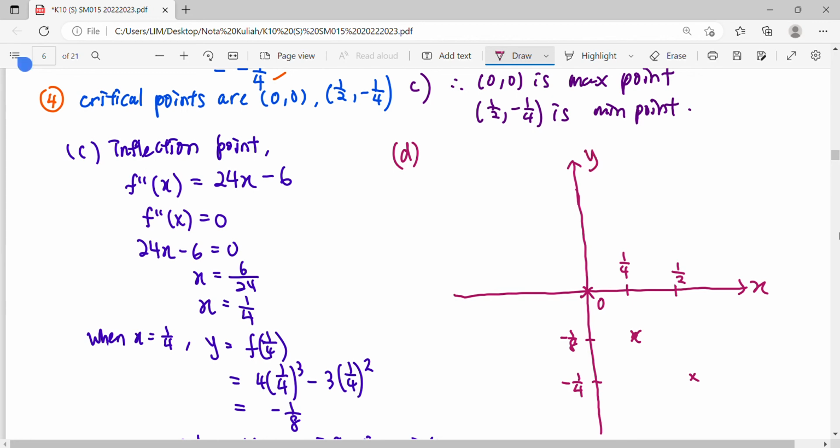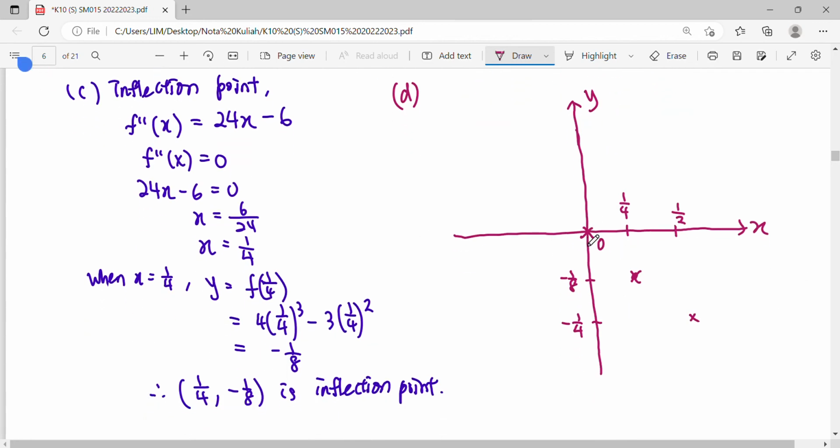X-axis, Y-axis. Okay, so how do we draw? We know 0, 0 is the maximum, right? We know this is the inflection, right? This is the minimum. The inflection occurs between two concavities. It is in the middle. So it means before this, the maximum point, it is concave downward. After the inflection it is concave upward. So you will have a minimum point here, 1/2, negative 1/4.